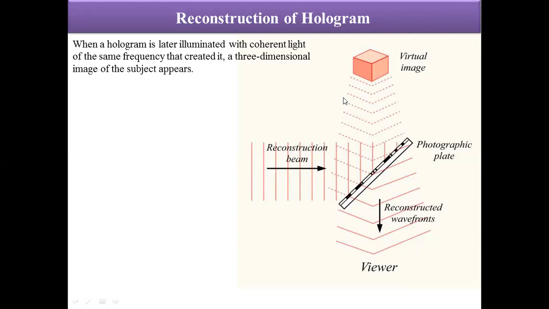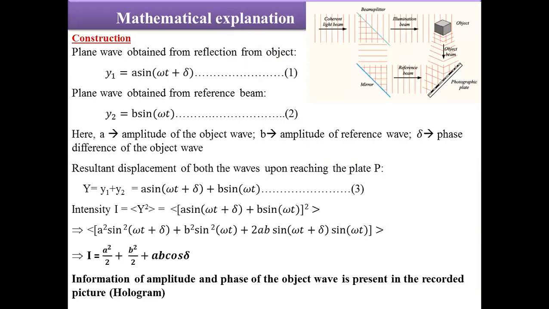I'll show it mathematically. Here is the same figure. This is the photographic plate, we call it P. When the plane wave is obtained from the reflection of the object, with the object we can have both amplitude and phase, and with the reference beam we can have only the amplitude.